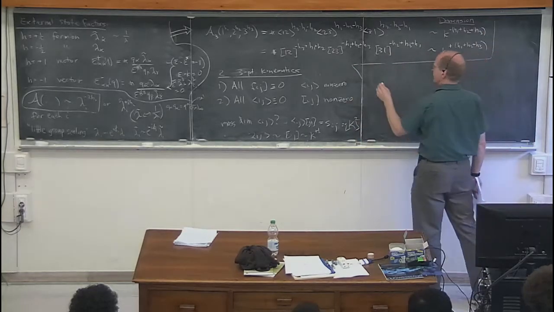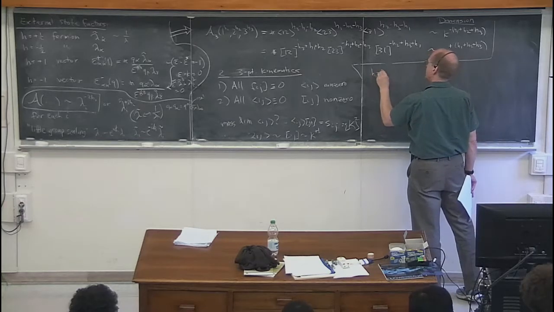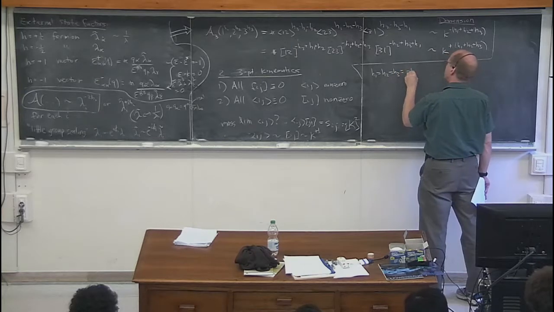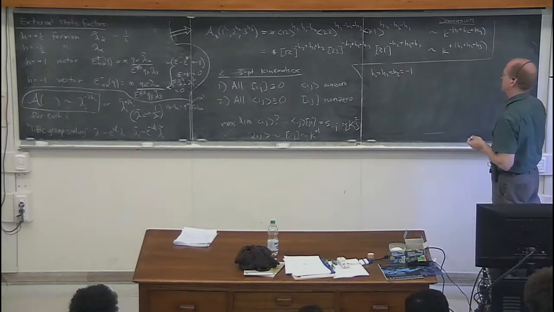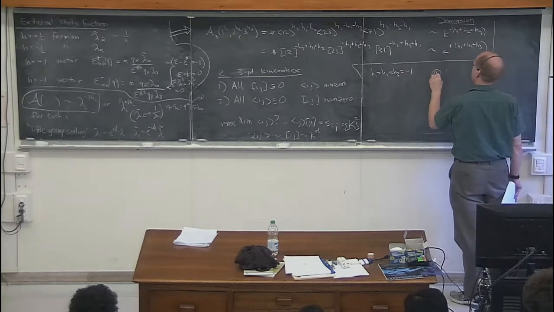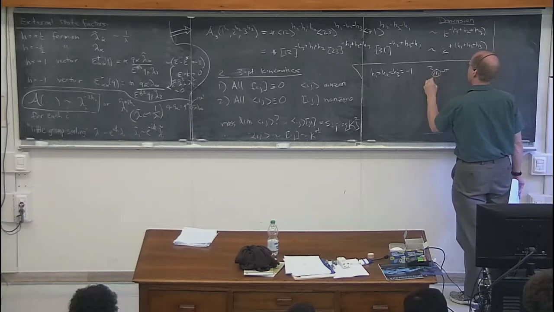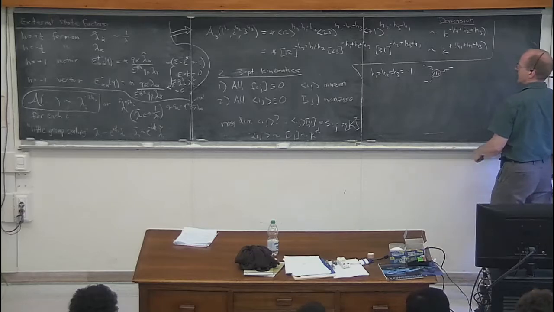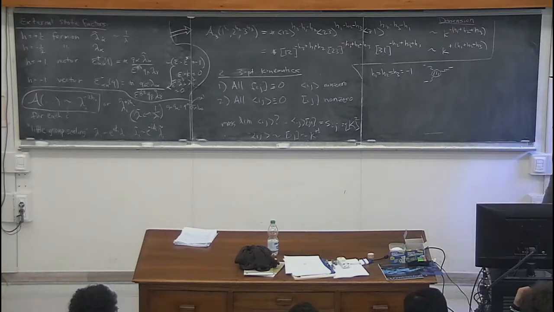Okay, so let's do an example. Let's suppose that h1 equals h2 equals h3 equals -1. So we're going to have three vectors coming out of a three-point interaction, they all have minus helicity.